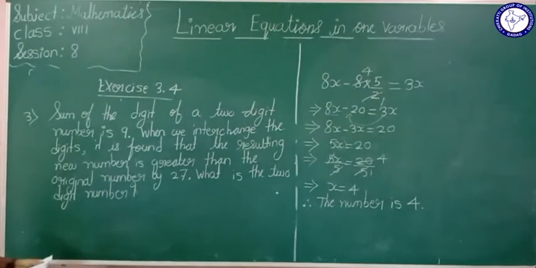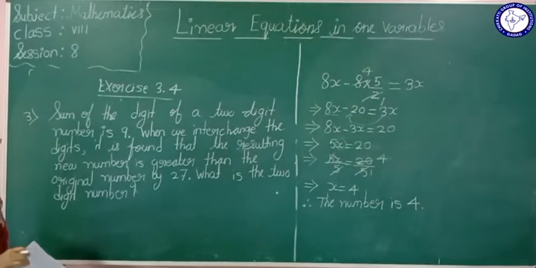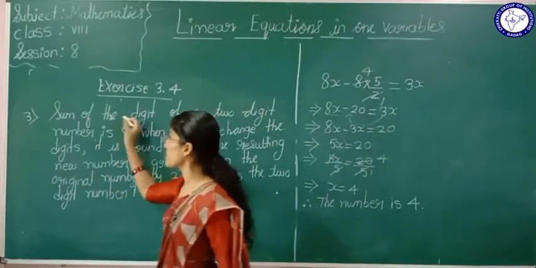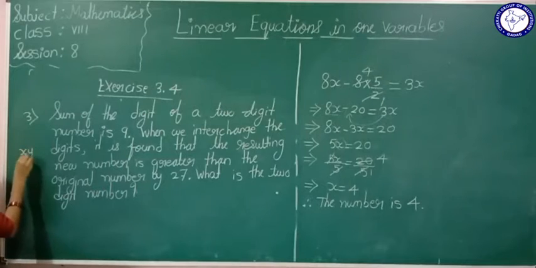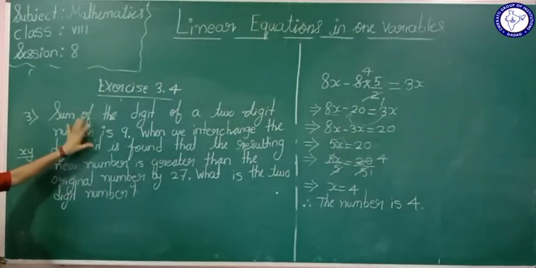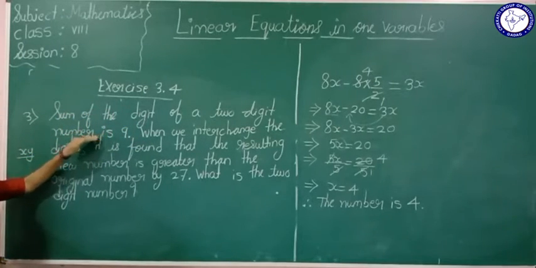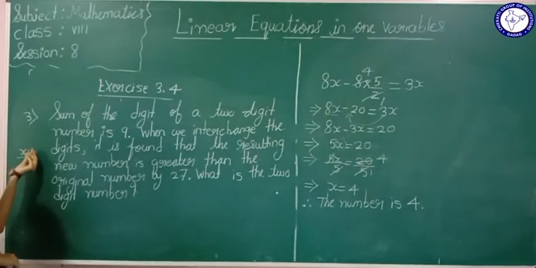Now see here, the third question tells us that the sum of the digits of a two-digit number is 9. If we add these digits, the sum is going to be equal to 9.